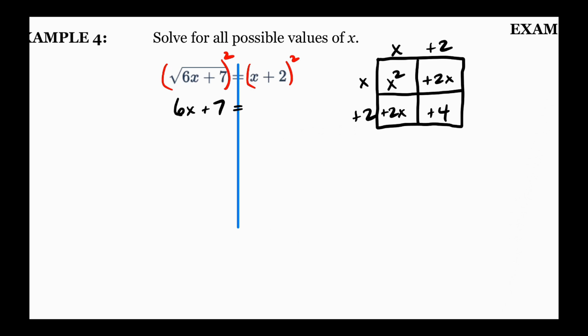After we multiply inside the box, what do we do after that? Yep, combine like terms. So when I combine those, I get x squared plus 4x plus 4.